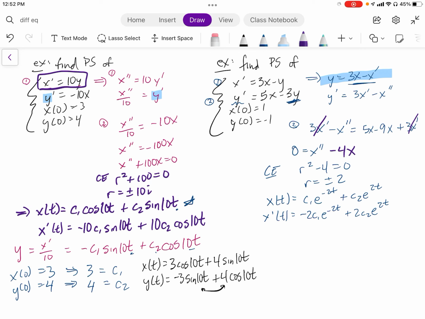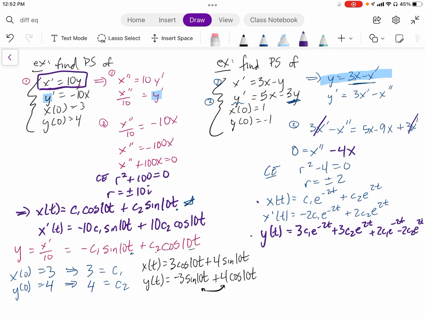I'm going to change colors here, so therefore y of t, then we have both x and y here, 3x, so 3 times c1 e to the negative 2t plus 3c2 e to the 2t, minus x prime, so that becomes plus 2c1 e to the negative 2t minus 2c2 e to the 2t.